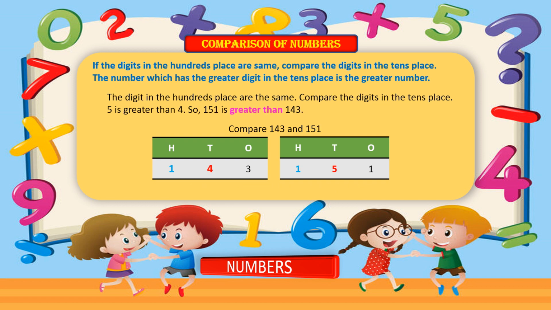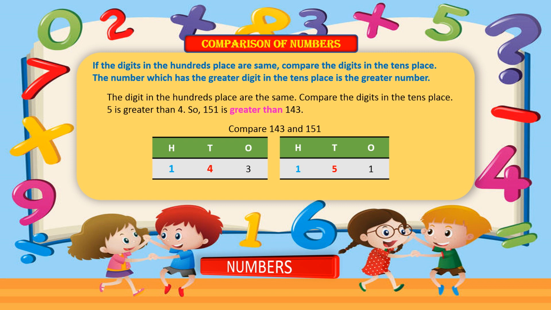If the digits in the hundreds place are the same, compare the digit in the tens place. The number which has the greater digit in the tens place is the greater number. For example, compare the numbers 143 and 151. Here the digits in the hundreds place are the same.